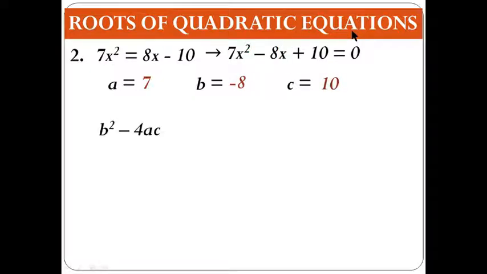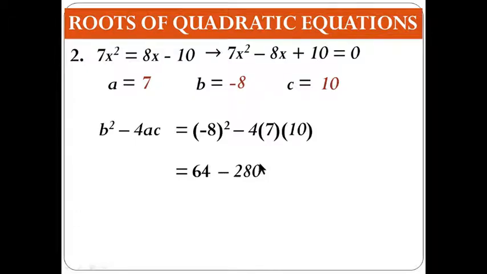Now, using the discriminant, substitute all the given values of A, B, C. B is negative 8, then minus 4 times A is 7 times C is 10. After substituting all the given values, simplify, get the square of negative 8. So the square is positive 64, then negative 4 times 7 is 28, times 10 is 280.